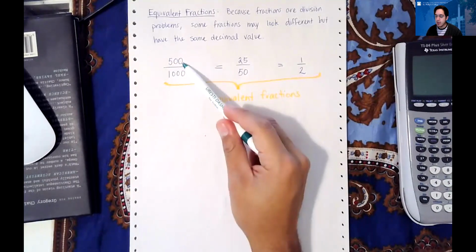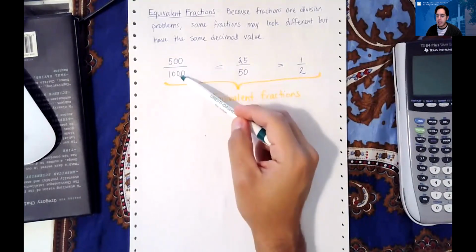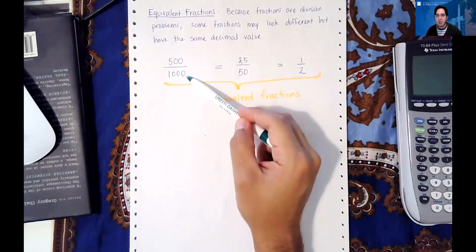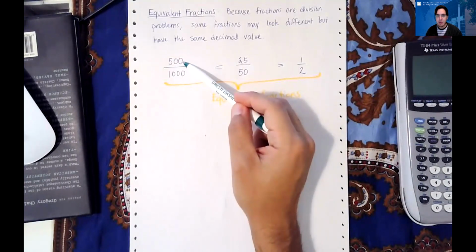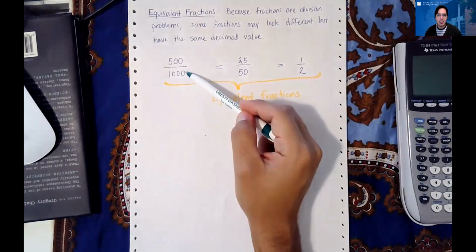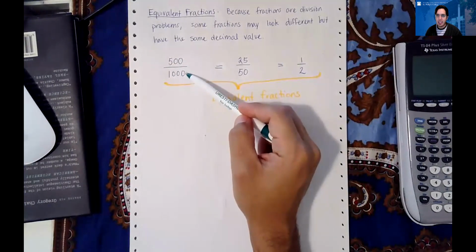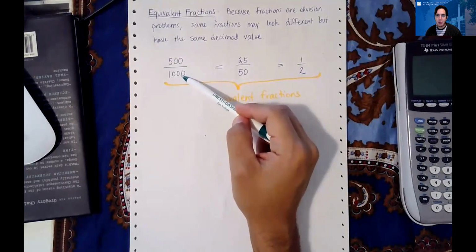Well, if you look at the number 500 and 1,000, 1,000 looks like it's 2 times the size of 500, right? 500 times 2 would give you 1,000. So we could say in some comparison, if I had one 500 on the top and I had 1,000 on the bottom, that's like I'm having 2 500s on the bottom.